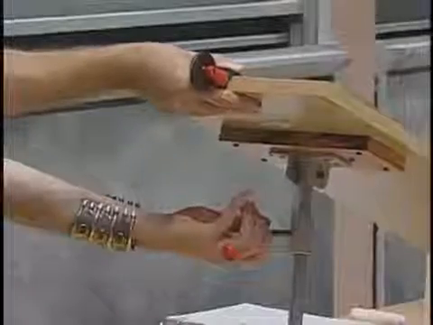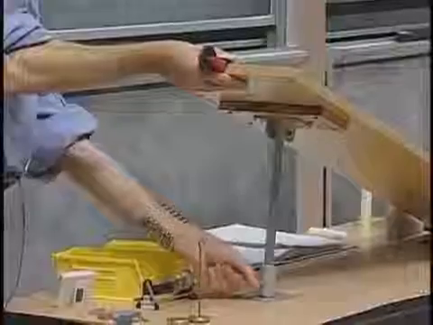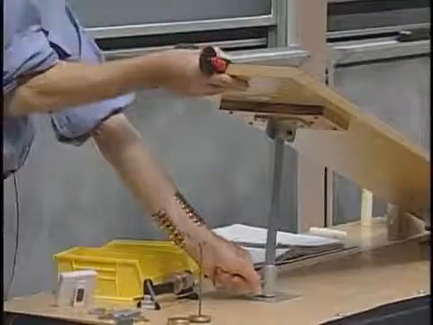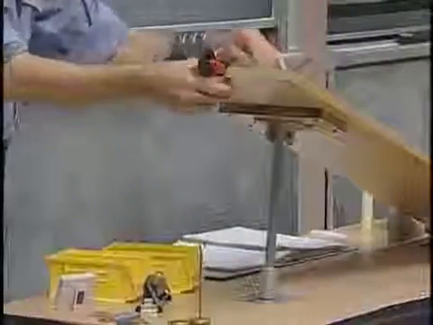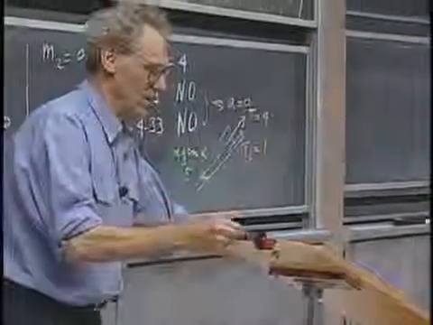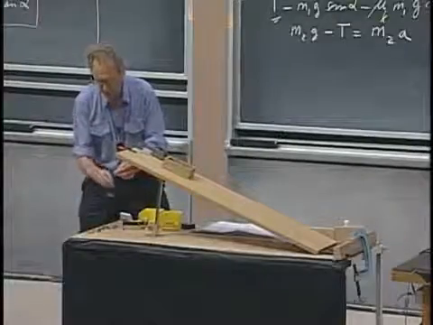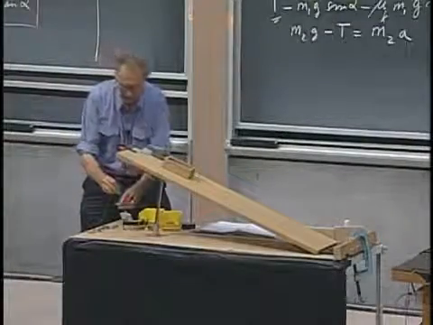I set it at 20. I could be off by half a degree. Again, you see it wants to go. We just saw that at 20 degrees it wants to go. So I prevent it from going, and so I'm going to put a little weight on here. Now there is 100 grams, and it's not going.